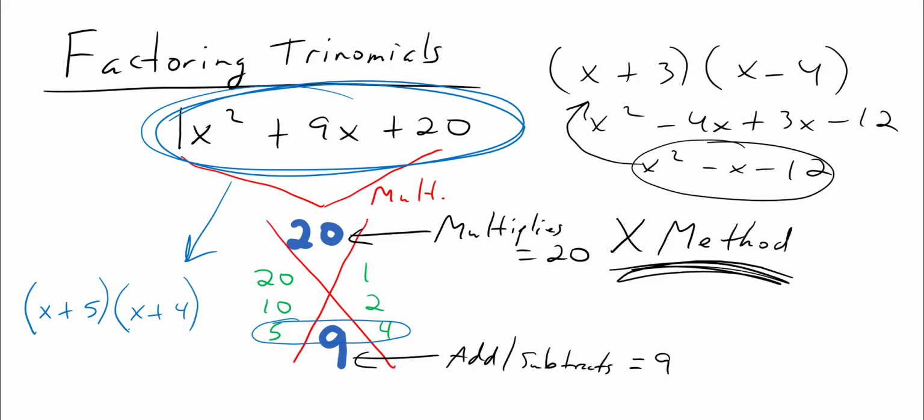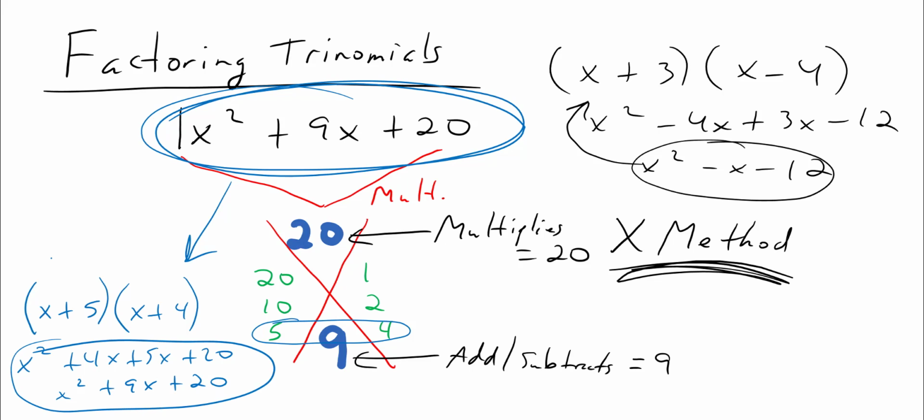If I would FOIL this out, it's an easy way to check it. If I FOIL it out, I get x squared plus 4x plus 5x plus 20. So I combine like terms, I get x squared plus 9x plus 20. You don't have to do this. This is just an optional thing, just to check it, because truly, math fans, this is your answer.